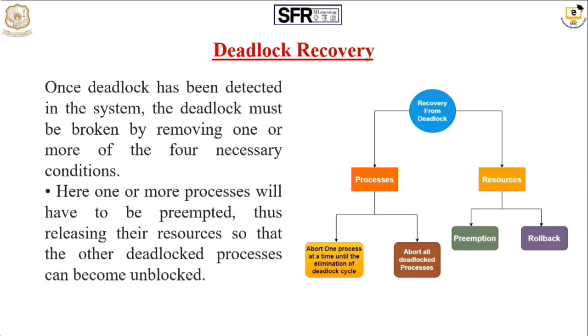So next we are going to see deadlock recovery. Once deadlock has been detected in the system, the deadlock must be broken by removing one or more of the four necessary conditions. So here one or more processes will have to be preempted, thus releasing their resources so that the other deadlocked processes can be unblocked.